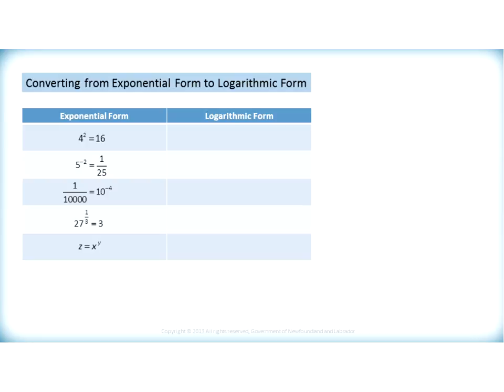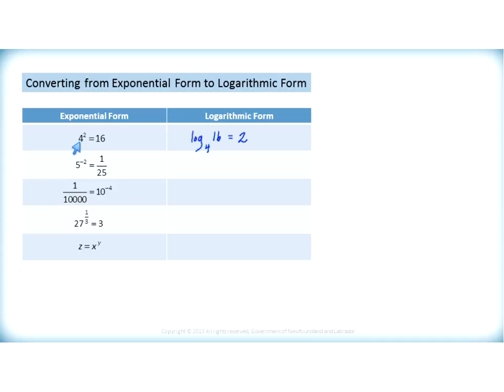Let's look at some examples whereby we convert from exponential form to logarithmic form. We know that 4 squared is equal to 16. In logarithmic form, we would write that as the log of 16 to base 4 is equal to 2. Notice once again that the base of the logarithm is the same as the base of the power.